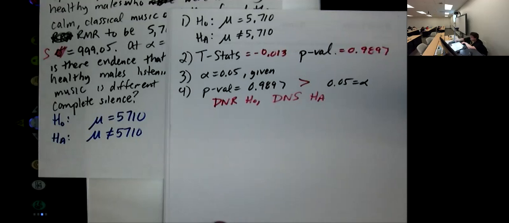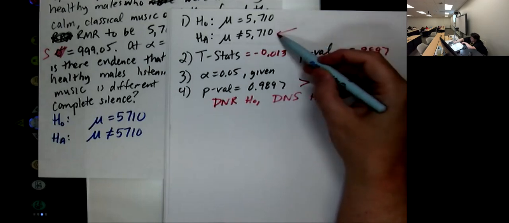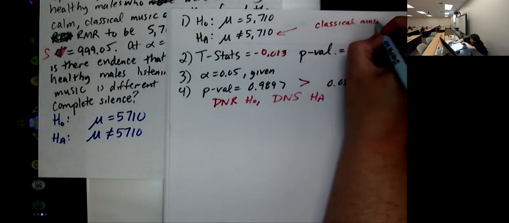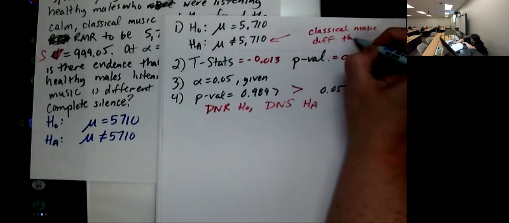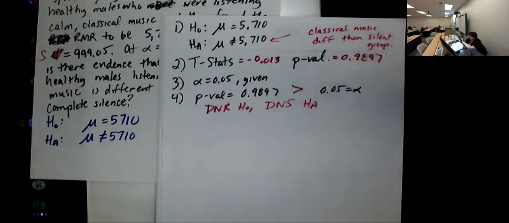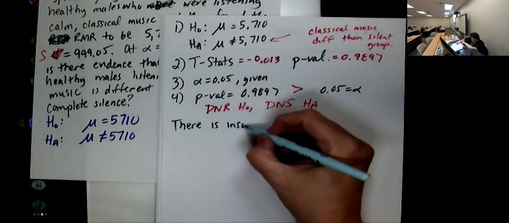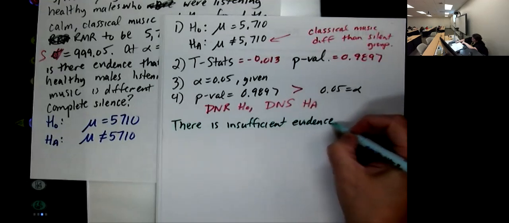My HA was that it's different. My HA was that the classical music group was different than the silent group. And that's the stuff I cannot support. So there is insufficient evidence to support the claim.